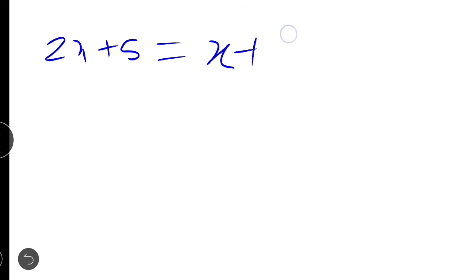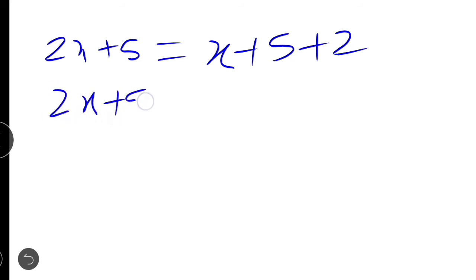Her sister's age is x plus 5. 2 years older. He is not saying twice, he is saying exactly 2 years older. That means x plus 5 plus 2, which is x plus 7. So 2x plus 5 equals x plus 7.